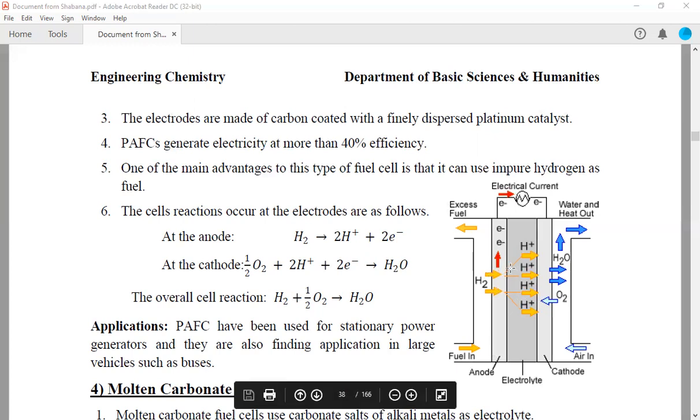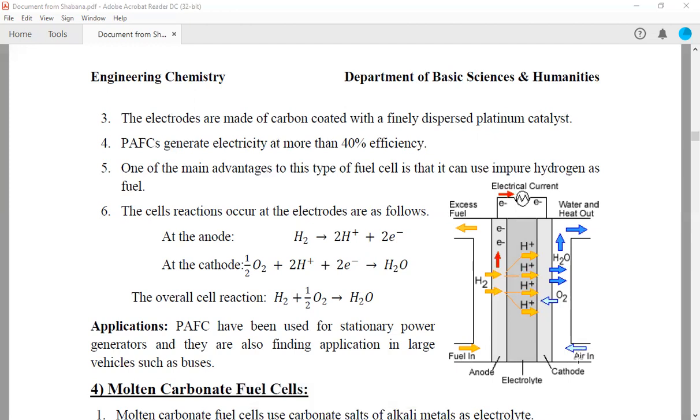Here at the anode, one inlet is there to enter the hydrogen gas as a fuel. And near the cathode, the inlet is there to enter the gas, that is the air.